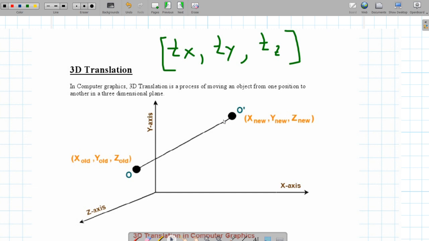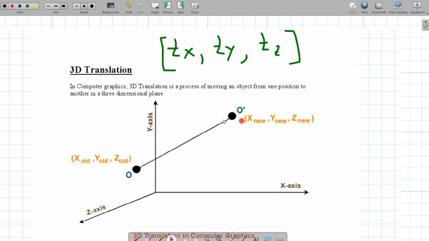After applying translation, you arrive at some other location, which in our diagram is the x new, y new, and z new location. Point O is your original location, and after applying the translation, O dash is your new location.